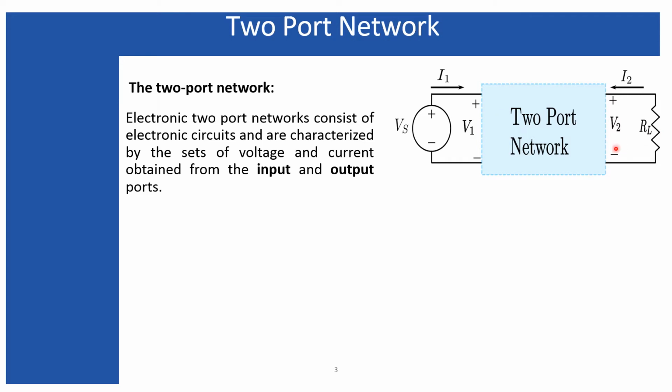Such a two-port network may contain complex electronic circuitry. But if you can characterize the two-port network using its input voltage and input current and output voltage and output current, then you do not need to know what is going on within the two-port network internally.